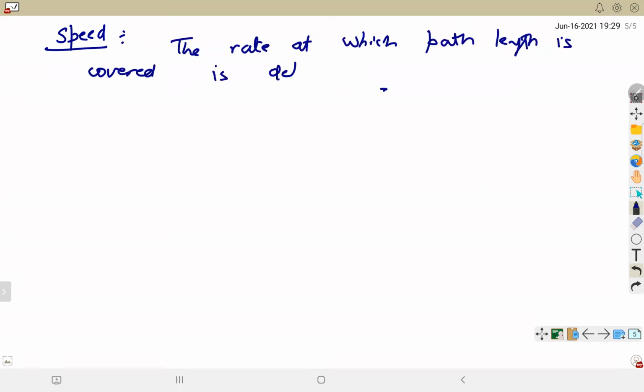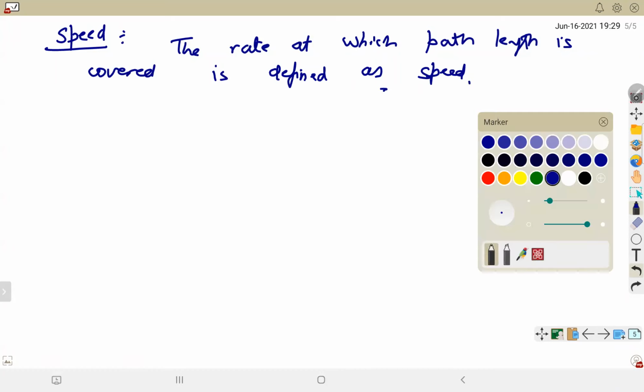So if a rate is involved, there will be two types: one will be average speed, another will be instantaneous speed.